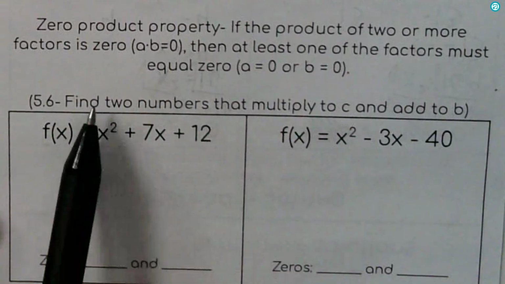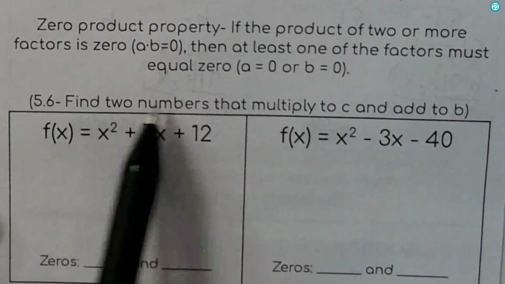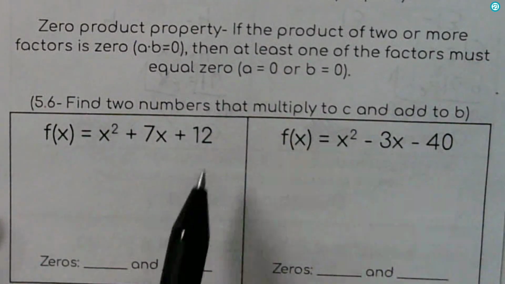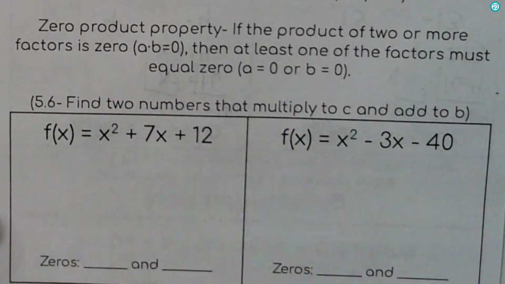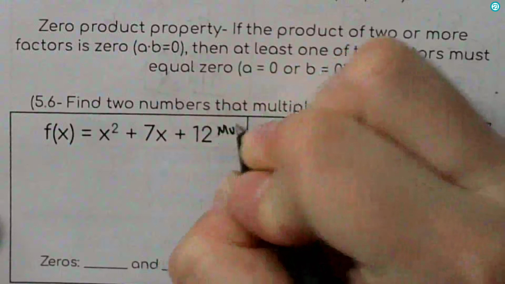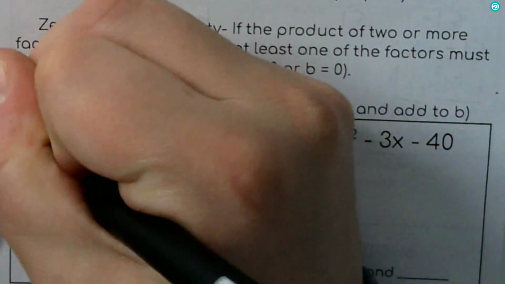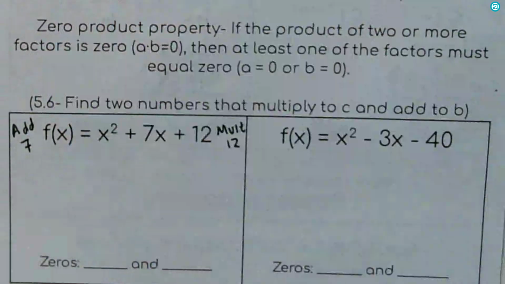In order to factor these, we would find two numbers that multiply together to be c and add together to be b. So we need to find numbers that multiply together to be 12 here. So put a little note if you need to. Multiply to 12. What are we trying to add to? 7.